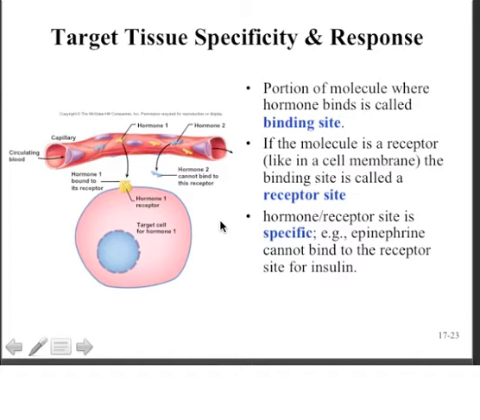Now, this brings up an important point, which is that the target tissues can adjust their sensitivity for a particular chemical signal by changing the number of receptors either on the membrane surface in the case of water-soluble hormones or inside the cytoplasm of the target tissue in the case of the catecholamines or the steroids.